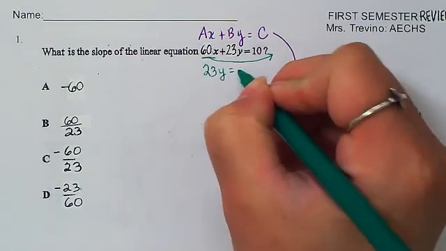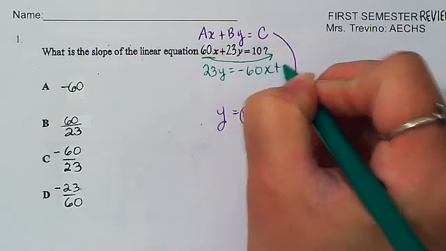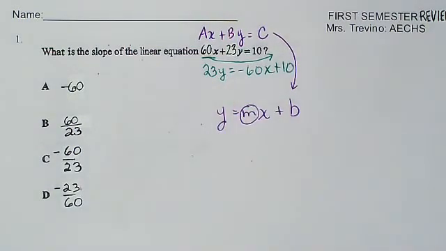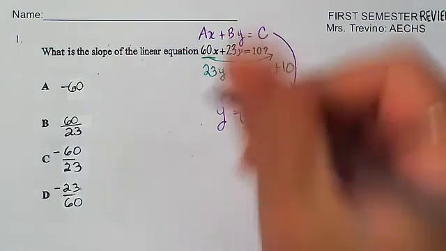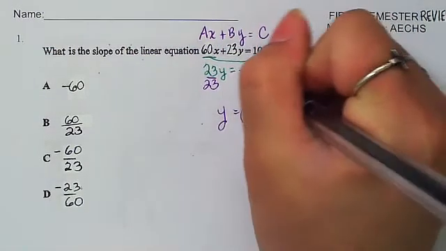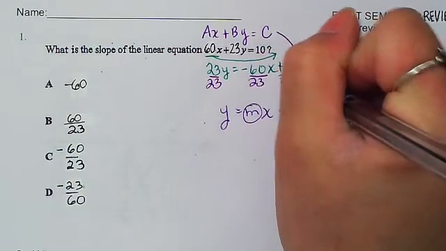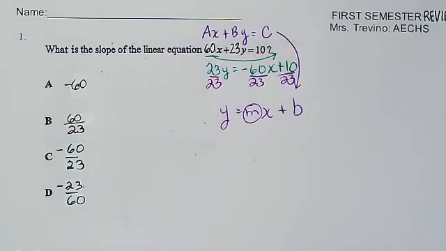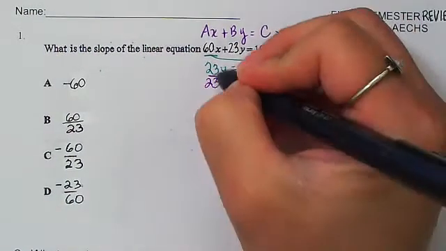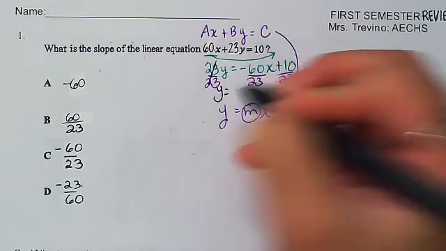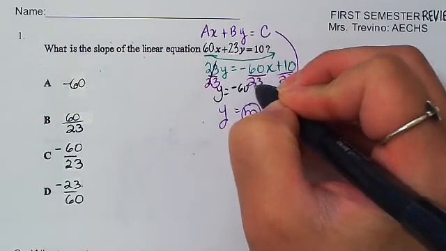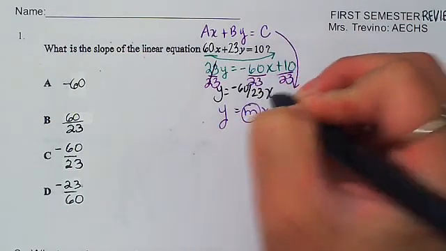So I'm going to have 23y is equal to negative 60x plus 10. And then all you got to do is divide by the number next to the y, which is a 23. And remember that the slope will be the number with the x. So I'm going to end up with y equals negative 60 over 23x.